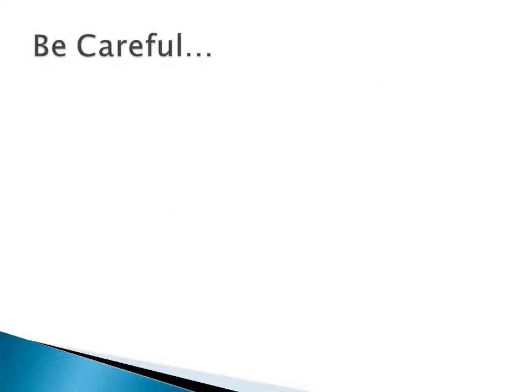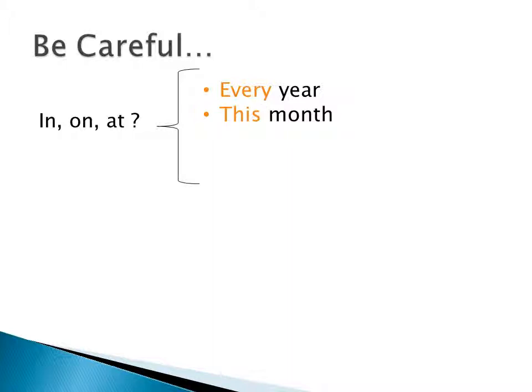Finally, let's be careful here because there are some situations where you can't really use time prepositions the way we just saw it. There are some exceptions. Let's ask ourselves one question. Do you put in, on, or at in front of every year, this month, next March?